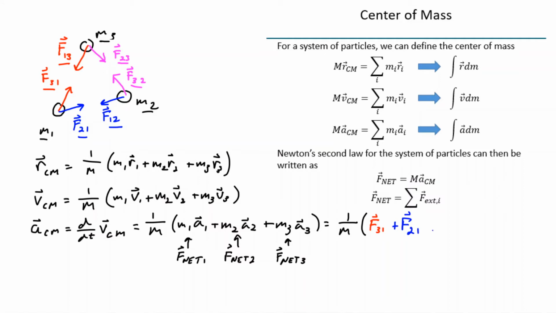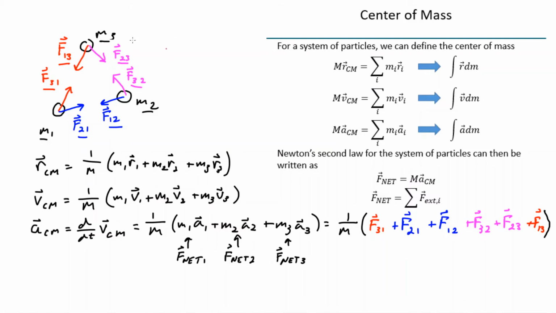F net 2 is going to be plus F12 plus F32, and F net 3 is going to be plus F23 plus F13. Okay, so I've written out what this net force is completely.